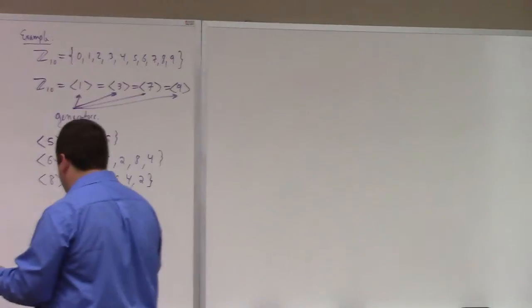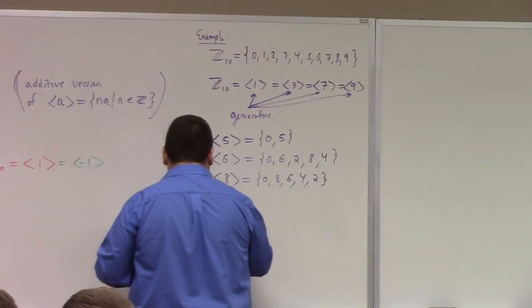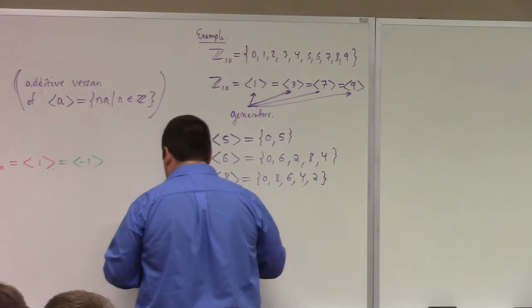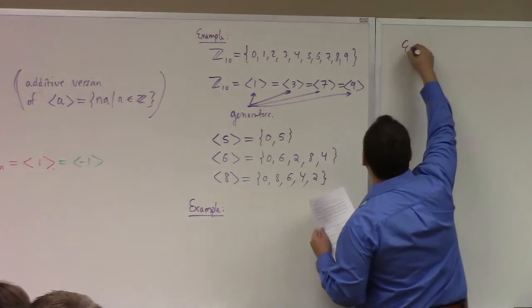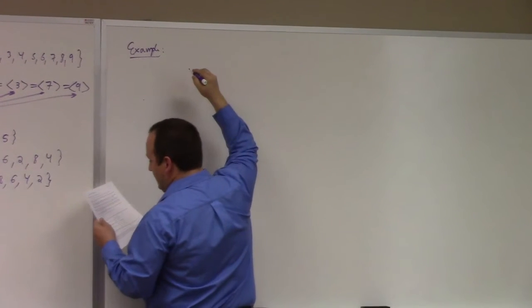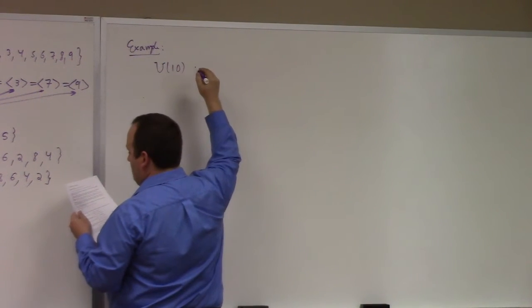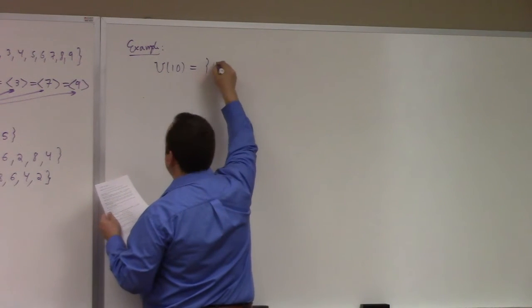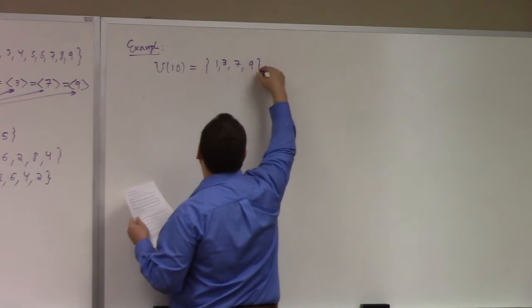One more example. Get it out of my system here. Examples are important. I better do it over here. U10: 1, 3, 7, 9.